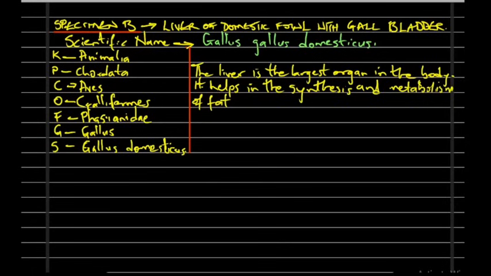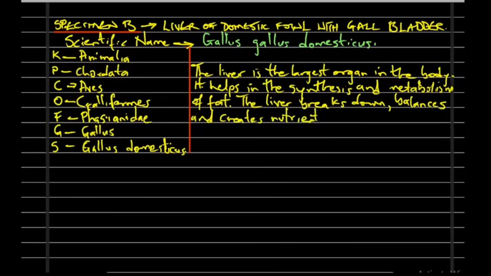So the liver also breaks down, balances, and creates nutrients from the blood that passes through it.